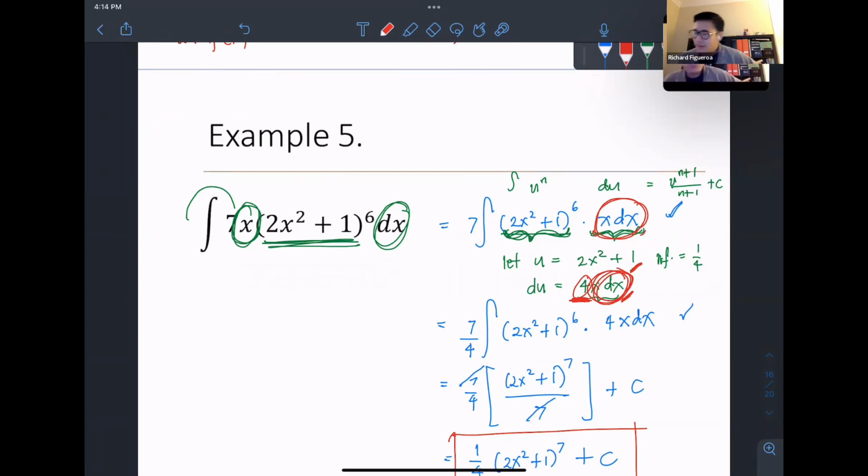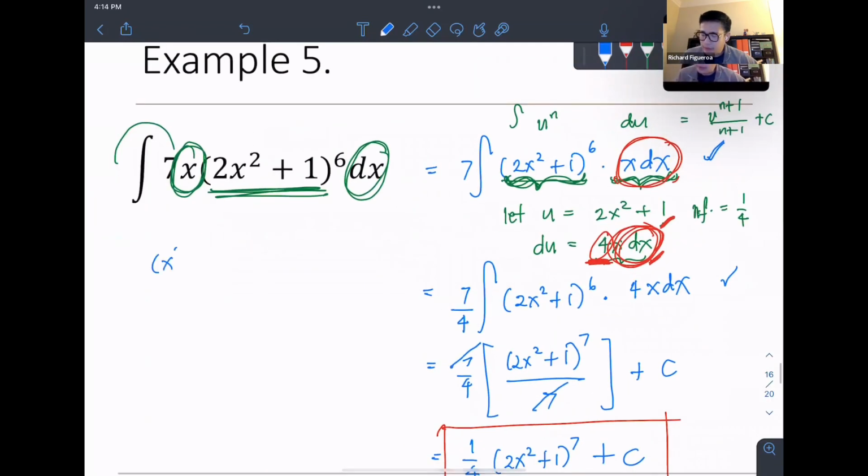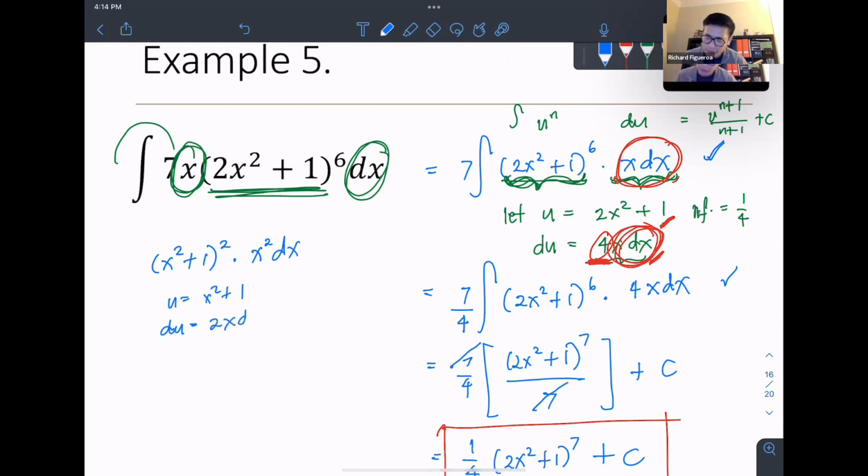So for example, what is not allowed? Let's say we have x squared plus 1, then squared, and the derivative here would be x squared dx. Even if you let u be x squared plus 1, our du would be 2x dx.